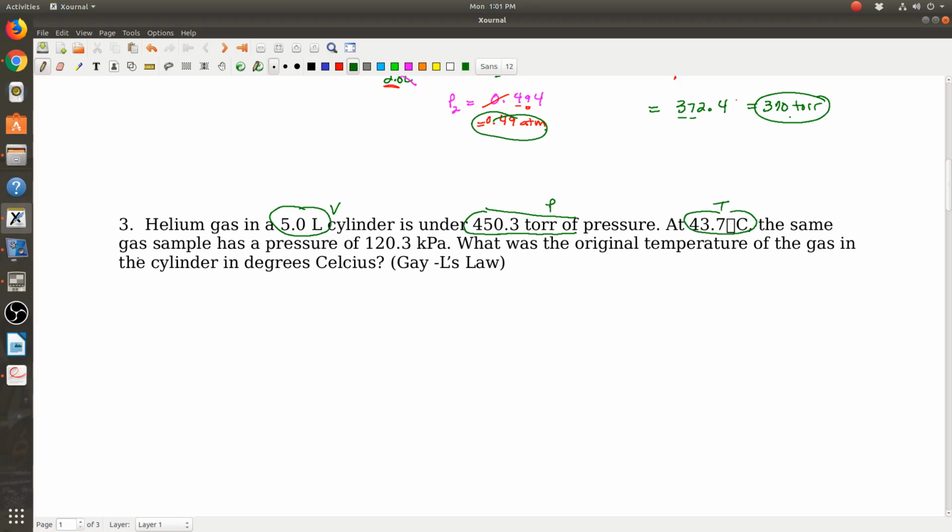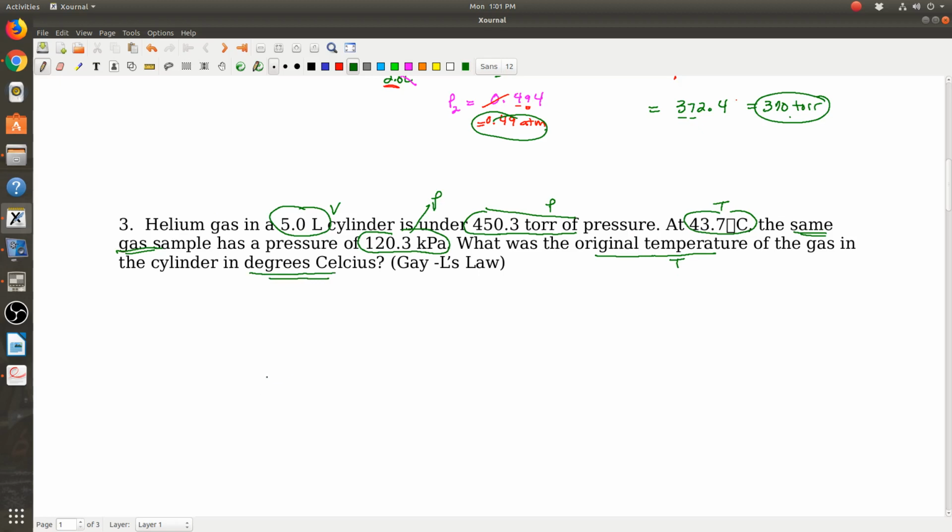The same sample of gas, all right, that's important, has a pressure of 120.3 kilopascals. That's another pressure. What was the original temperature of the gas in the cylinder in degrees Celsius?